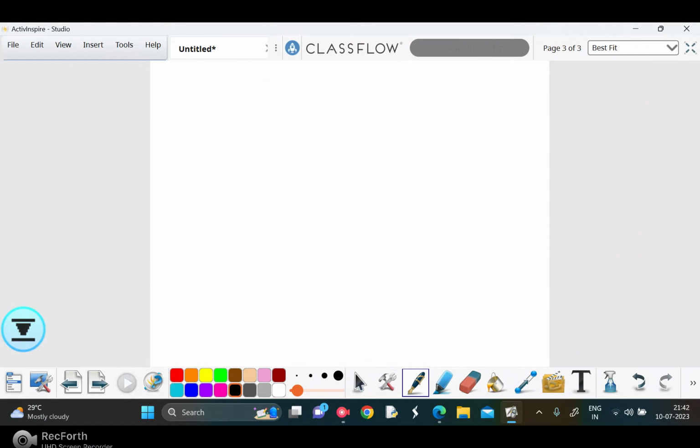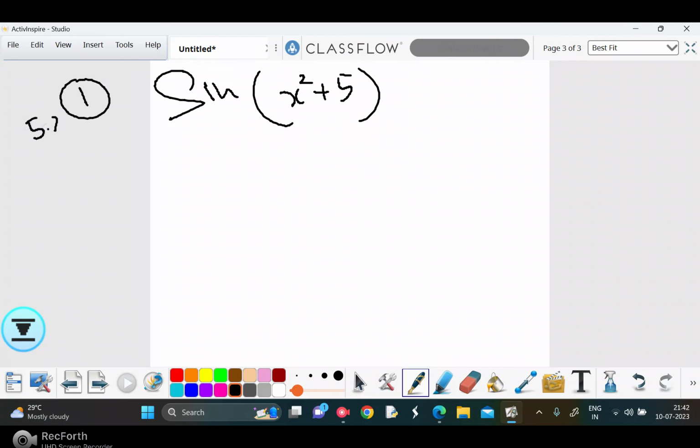Take down now. I hope you know all the basics. I gave just two sums so that you know how to do the basics first. So first question, this is your exercise 5.2, first question.